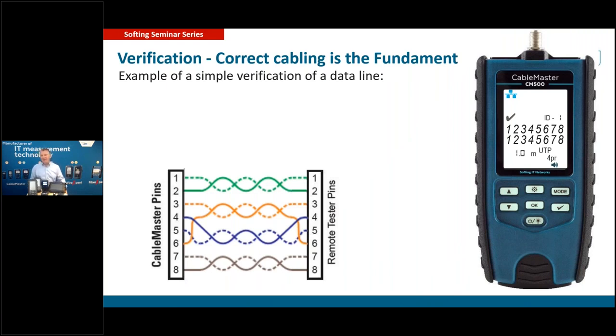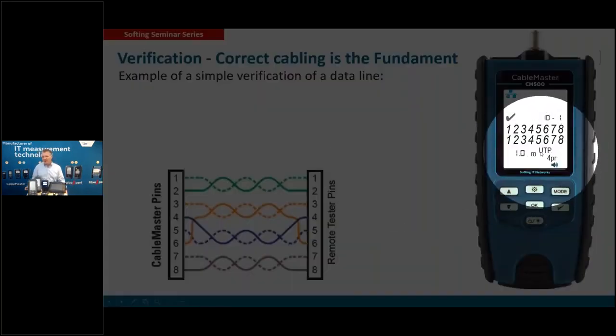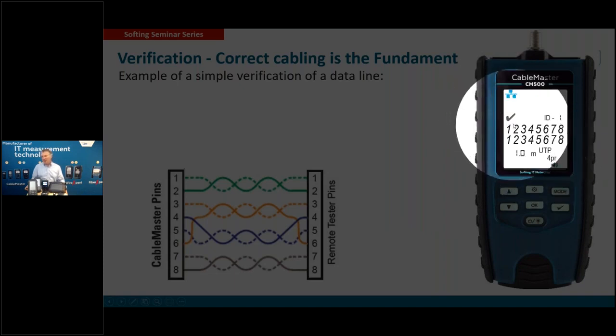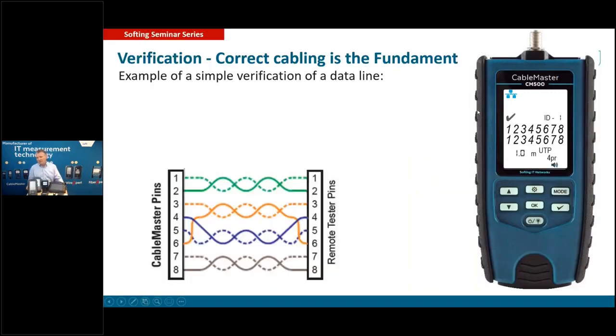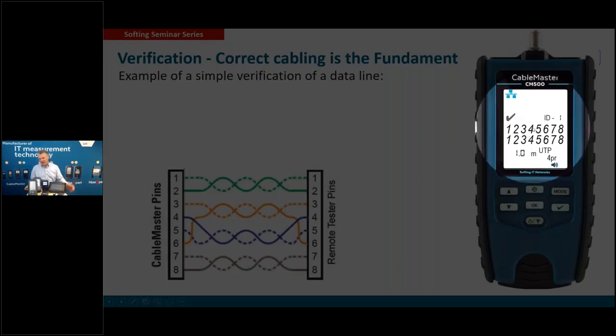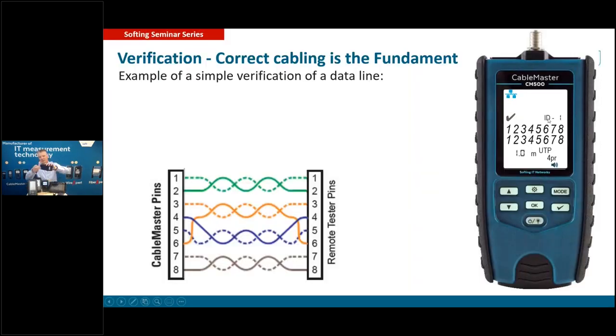Yeah, let's go to the Cable Master 500. If everything is okay, and this is an unshielded twisted pair because there's no shield in there, you can test it in the Cable Master 500. If you're using a UTP or STP cable, you will get a pass or fail check sign, and you have the identifier number 1, which means the remote, which is directly in the device, is regular and has the ID 1.